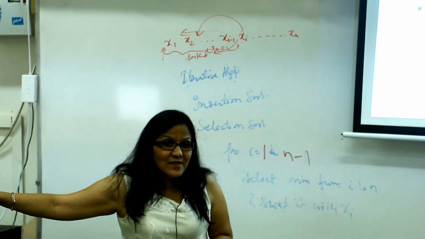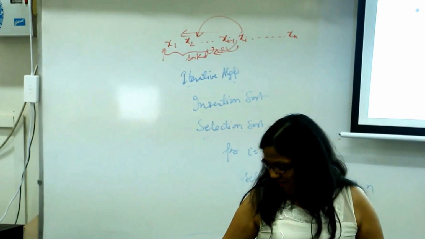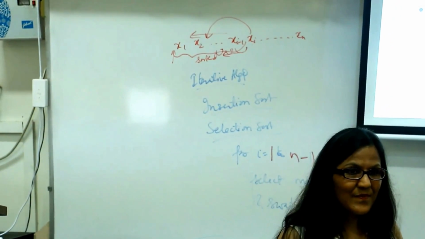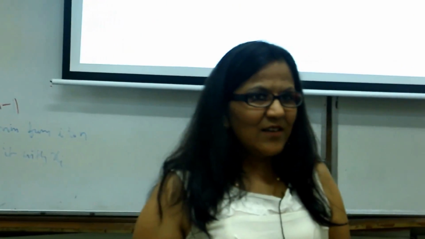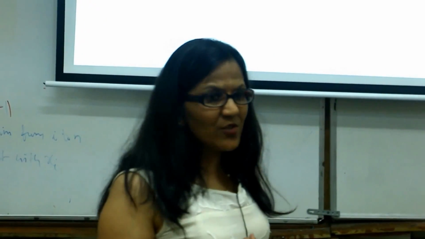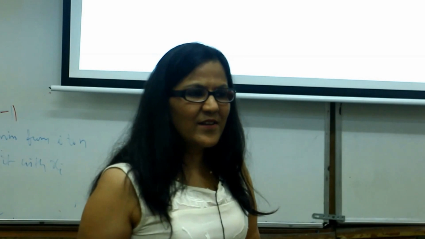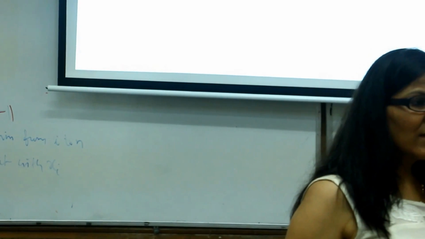If the ith element is more than the i minus 1 element, it becomes sorted. The ith element bubbles up to its correct position, by comparing consecutive elements.